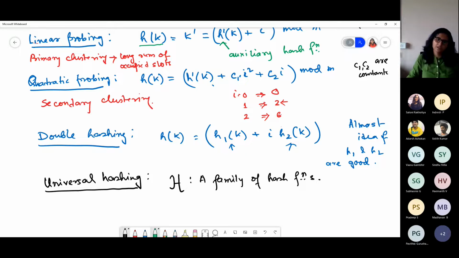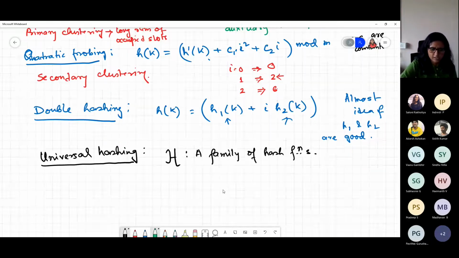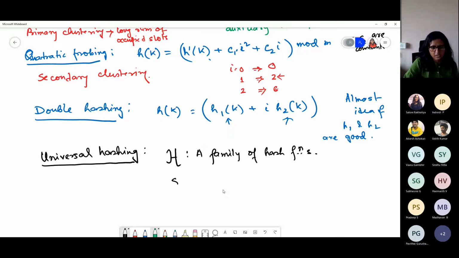Family means some hash functions which are similar in nature. Suppose I give a function like this, say s_{t+1} equals (a into s_t plus b) mod c.